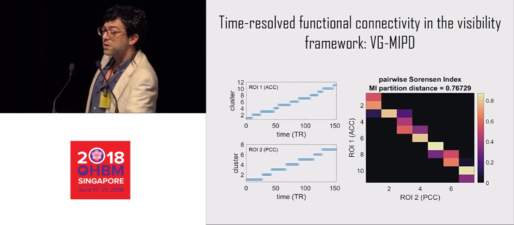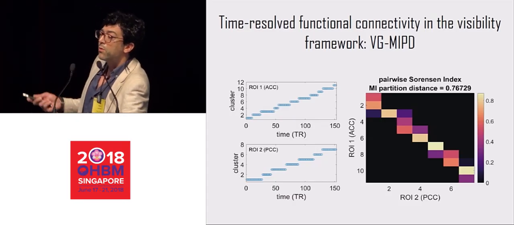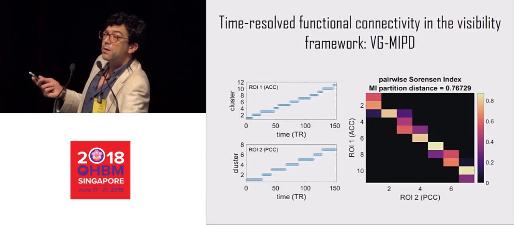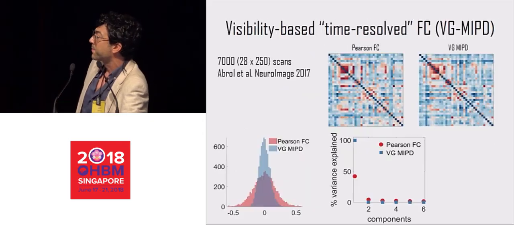If we do this for each pair of links, we can obtain a measure of time-resolved functional connectivity basically in a single snapshot.